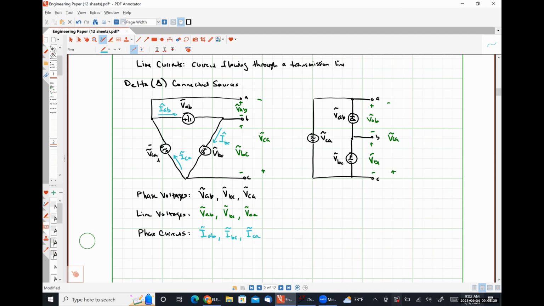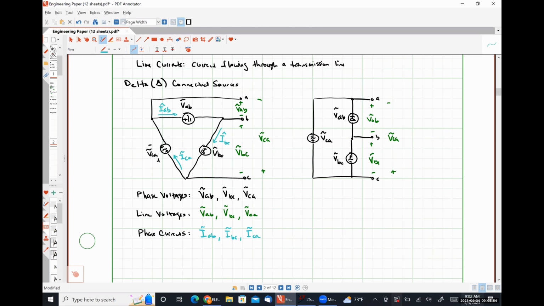All right, so any questions about our delta connected source? What the phase voltages, line voltages, or phase currents represent.